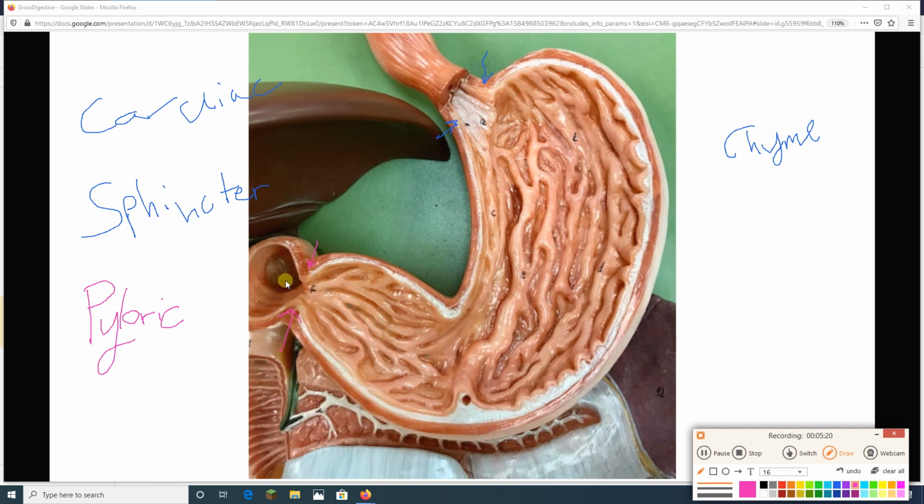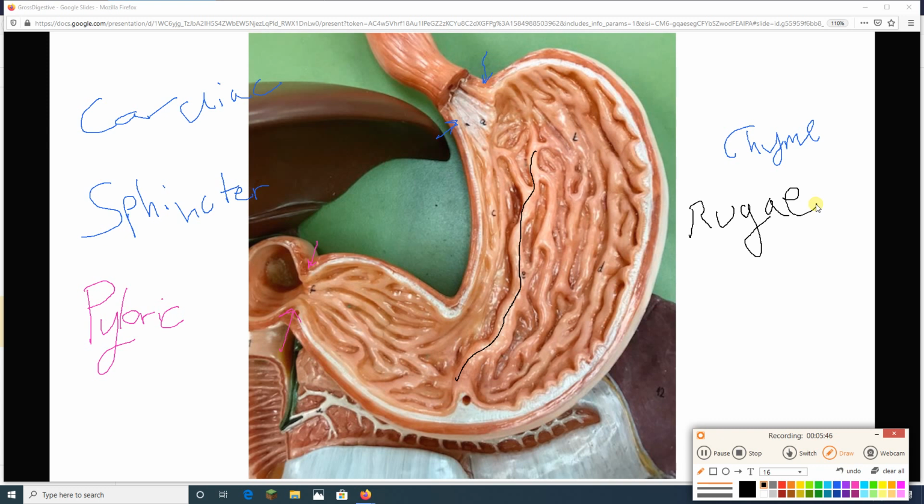Now, how is the stomach able to expand so much? Well, what the stomach has are these longitudinal folds in it. I'm tracing one right here. Each of these folds is called a ruga. The plural is rugae, and the word ruga just means wrinkle.